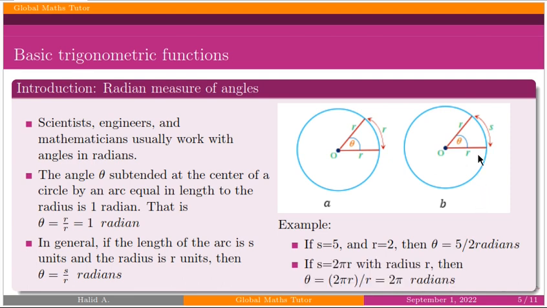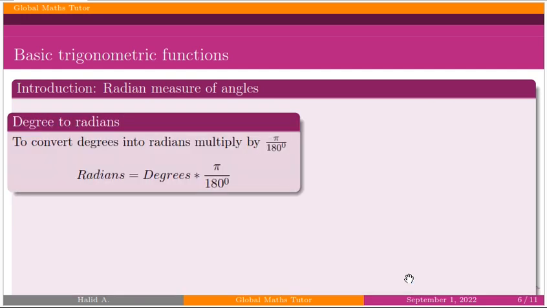If it rotates one full cycle, one revolution, that is 360 degrees, and the circumference can be expressed using the formula 2 pi r. So 2 pi r over the radius r gives 2 pi radians. So one full revolution means the same as 2 pi radians.